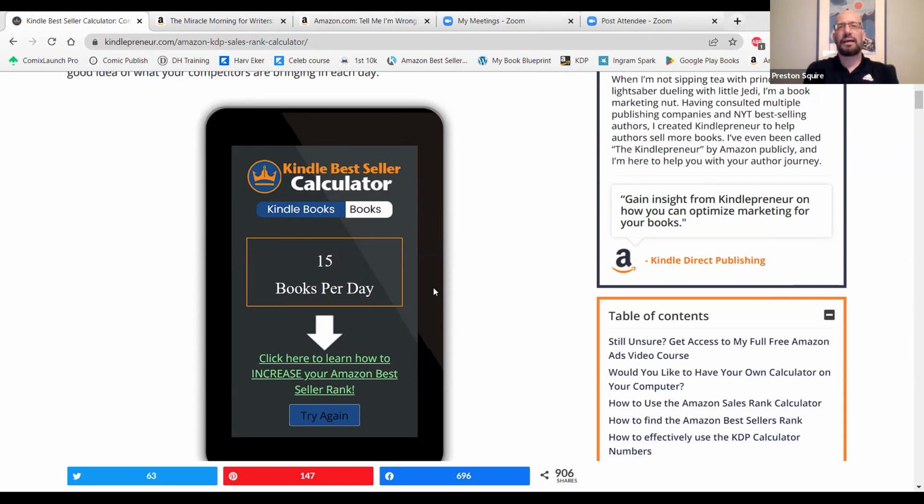Or if you know people in another market, like say Canada or Australia or such, it is much easier to hit the best-selling market in those countries than it is in the US. So if this book is 15 per day to hit number one in the US, you probably only need 3.